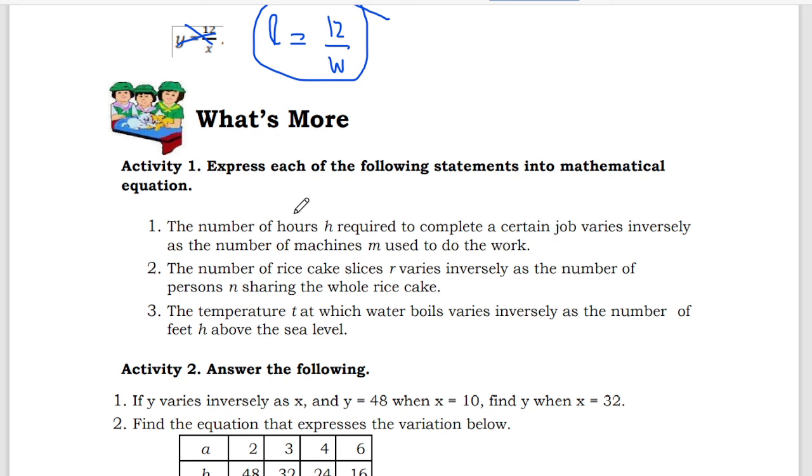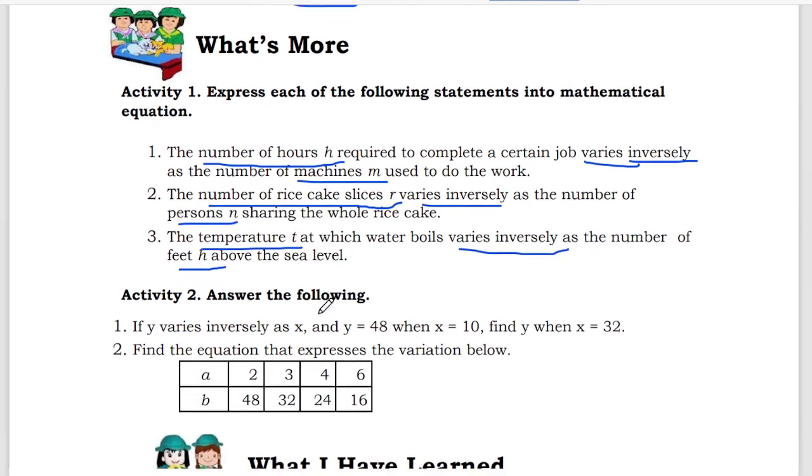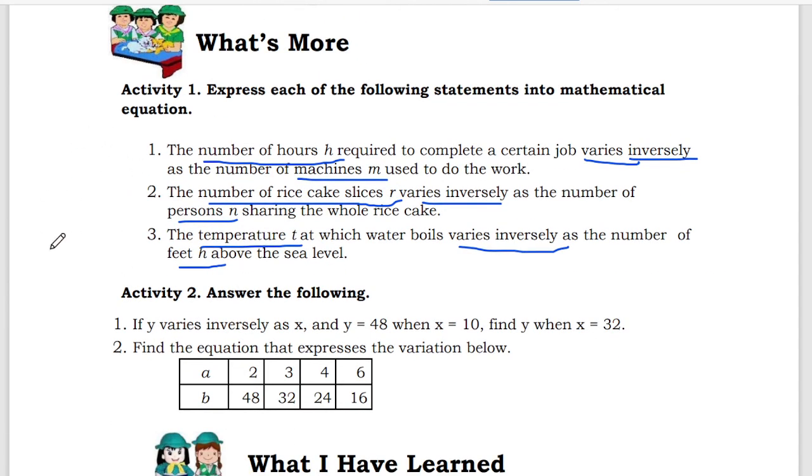Number 1, the number of hours varies inversely as the number of machines; the number of rice cake slices varies inversely as the number of persons; and the temperature T varies inversely as the number of feet. So there are 3 equations.